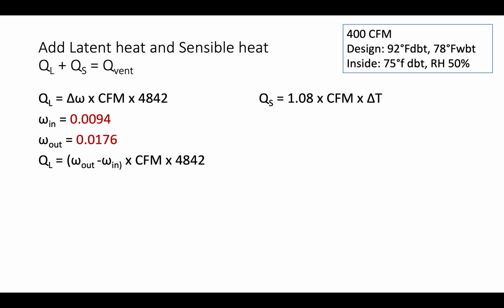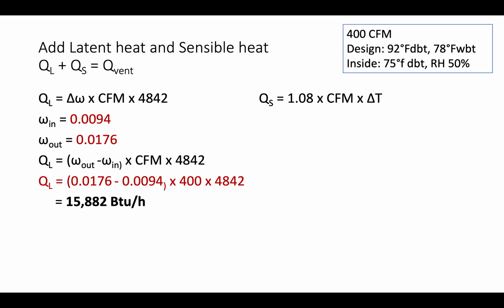Then we can plug that information into our latent heat equation. We use the absolute humidity in and out to get the difference in absolute humidity, or humidity ratio, times the airflow, which is 400 CFM, times our constants. Plugging that in together, we get 15 kBTUs per hour. For the sensible heat, we have a simpler equation because we can just use temperatures.